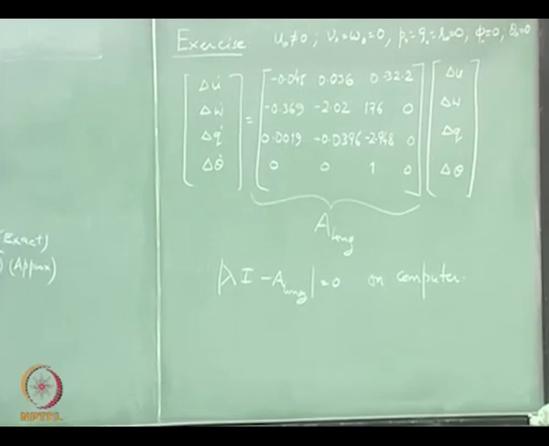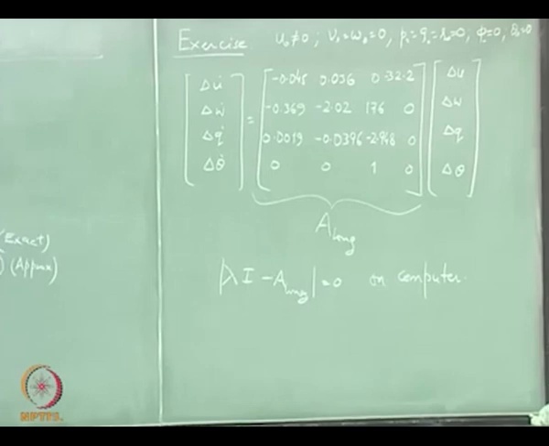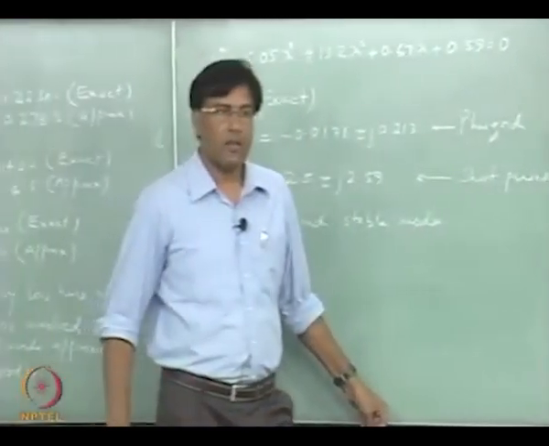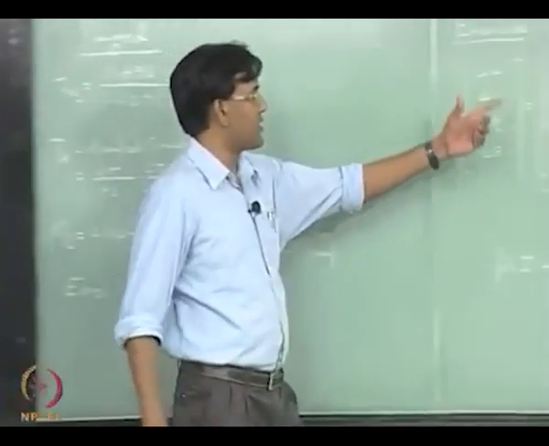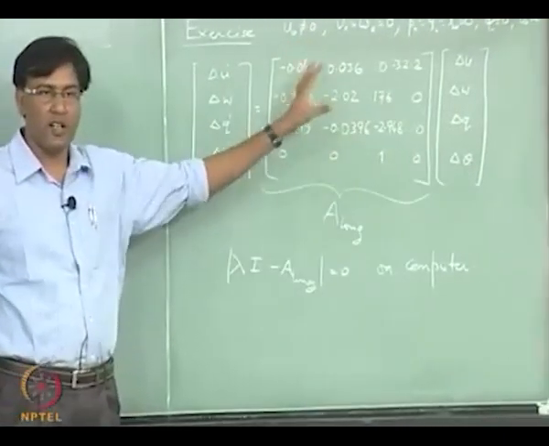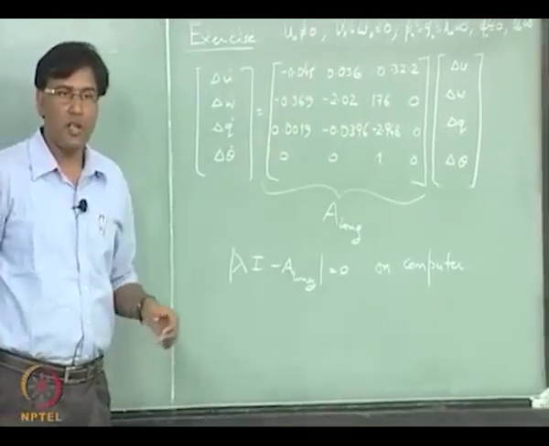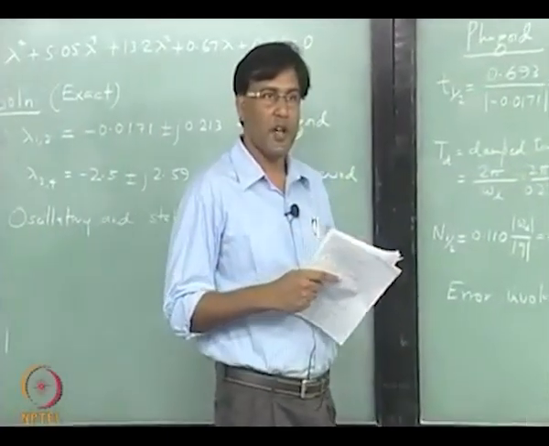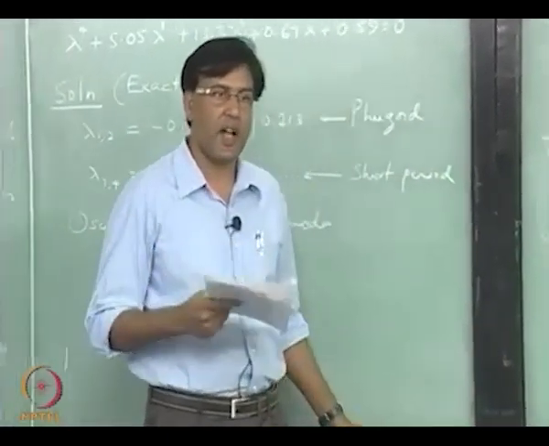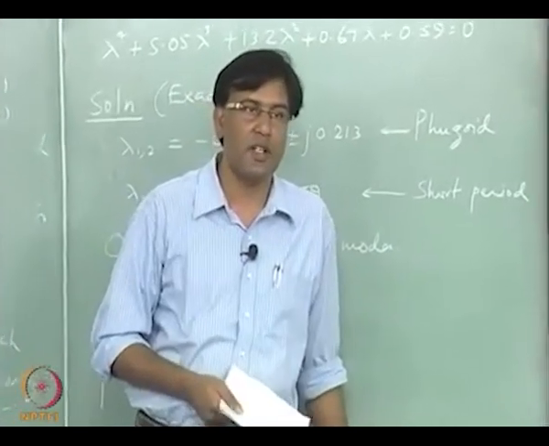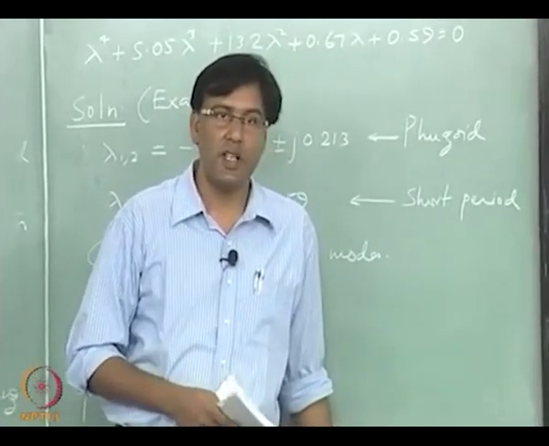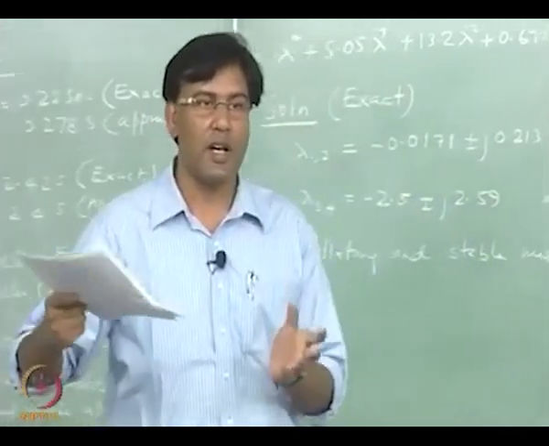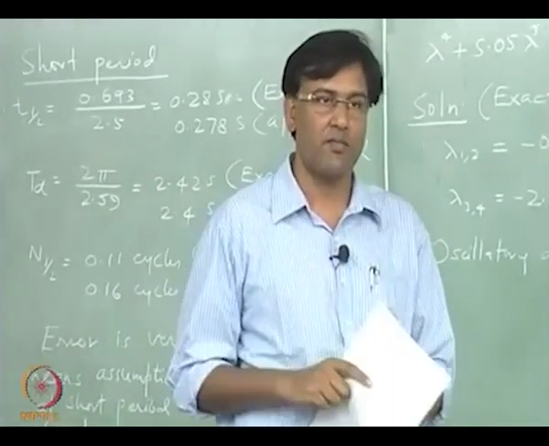Then you know that you are going to get large expressions. You will have all kinds of terms here, X u, X w and all that. If you arrive at expressions for eigenvalues using the exact method, then the expression is going to be huge, and each eigenvalue will depend upon everything.